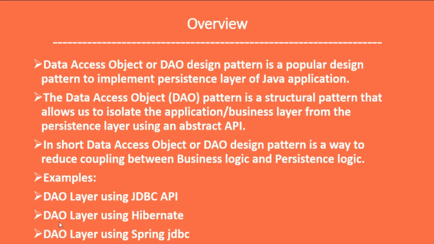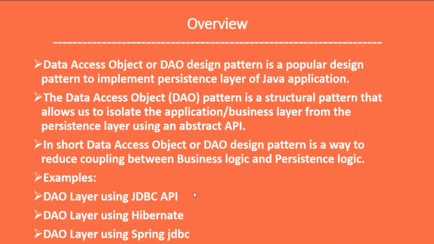In the case of a DAO layer using Hibernate, you can also use the Hibernate framework to implement DAO CRUD operations, and you can use the Spring JDBC library to implement a DAO layer. In this video I'm going to show you how to implement the DAO design pattern using the JDBC API.